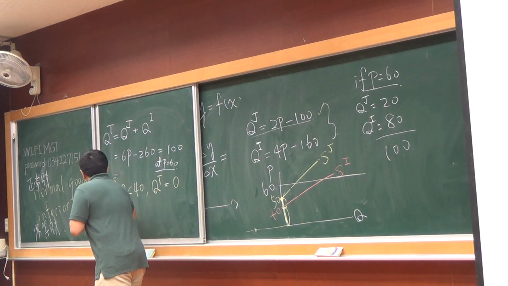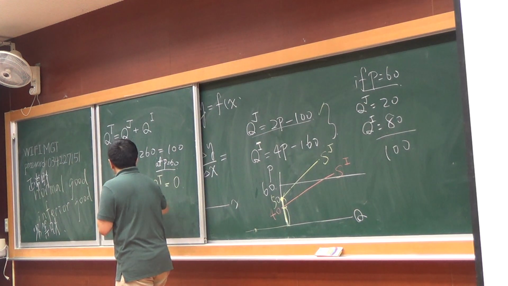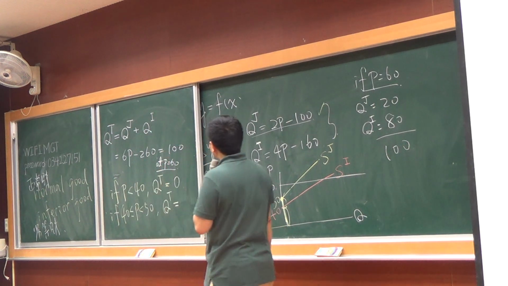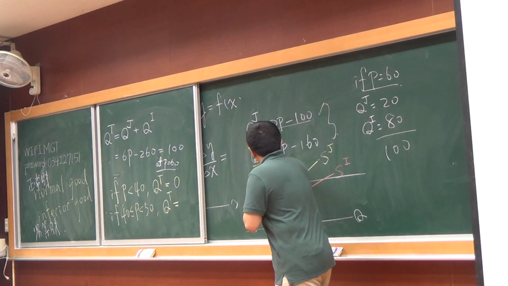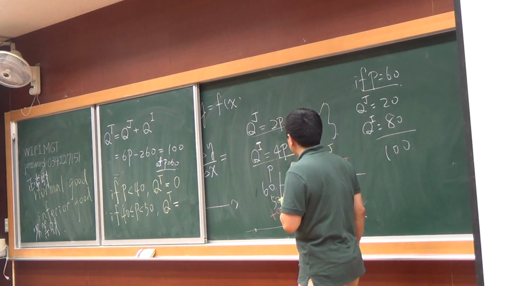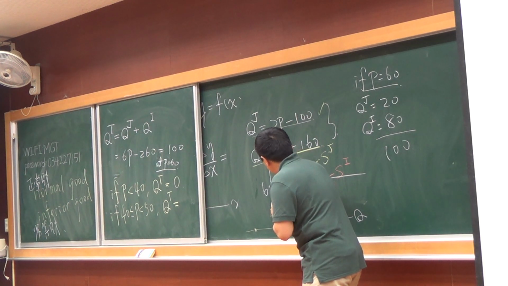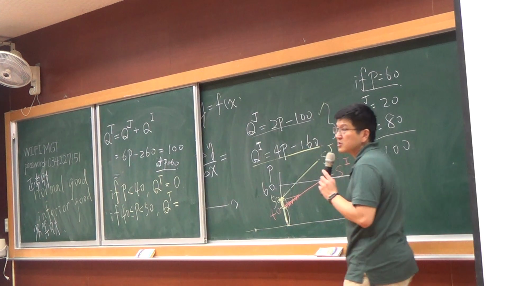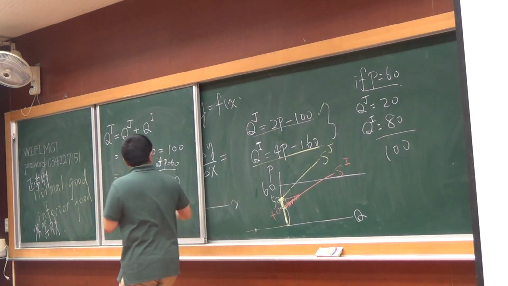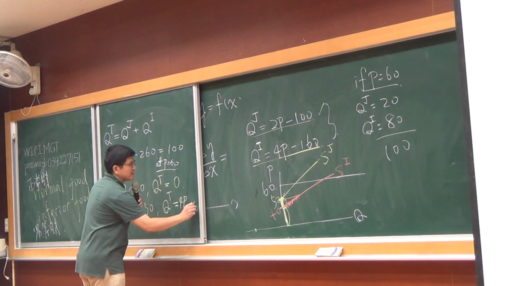But if the price is between 40 and 50, the supply is composed of international supply only, so the total quantity supplied would be 4P minus 160.